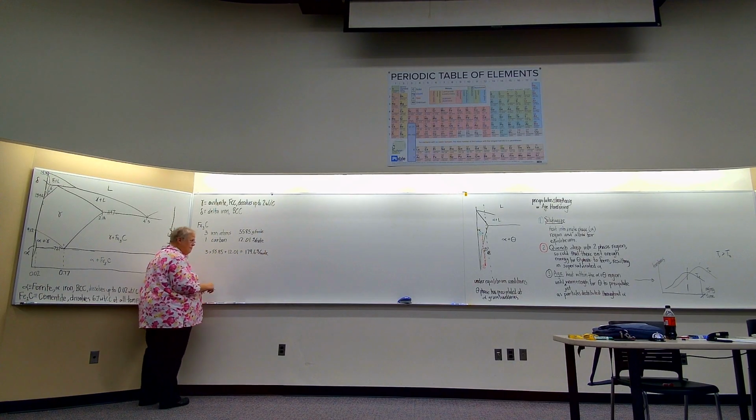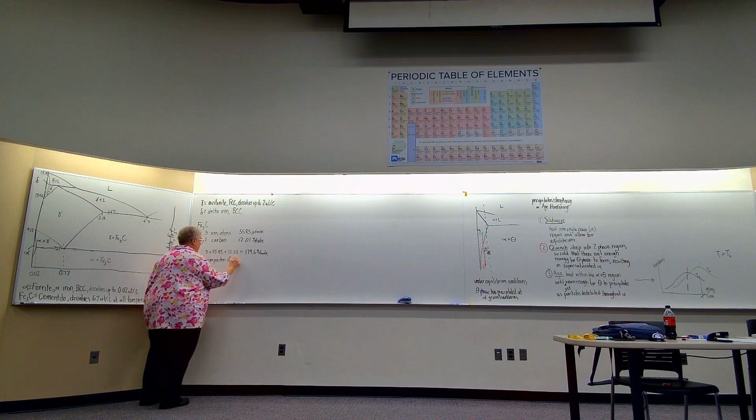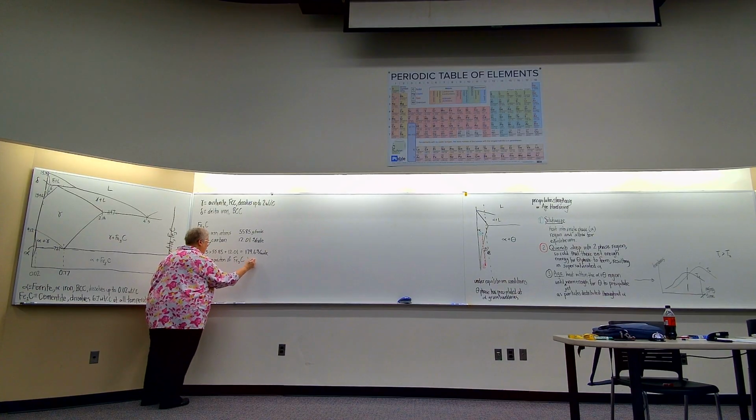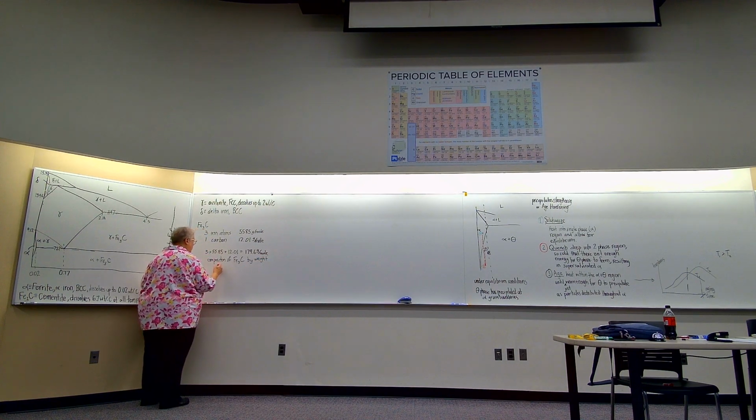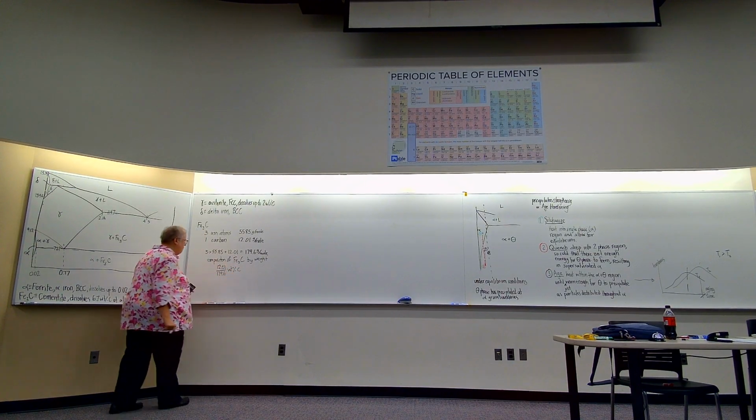By weight, the composition of cementite by weight would be 12.01 divided by 179.6, weight percent carbon.